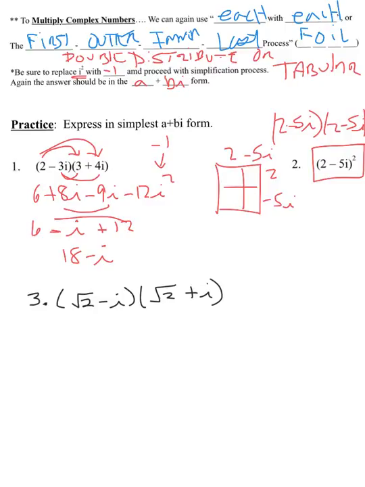This box right here is 2 times 2, which is 4. The box in the upper right-hand corner, 2 times -5i, is -10i. The lower left is 2 times -5i, so that's another -10i. And finally, -5i times -5i is -5 times -5, which is 25i squared, right? So what comes out?